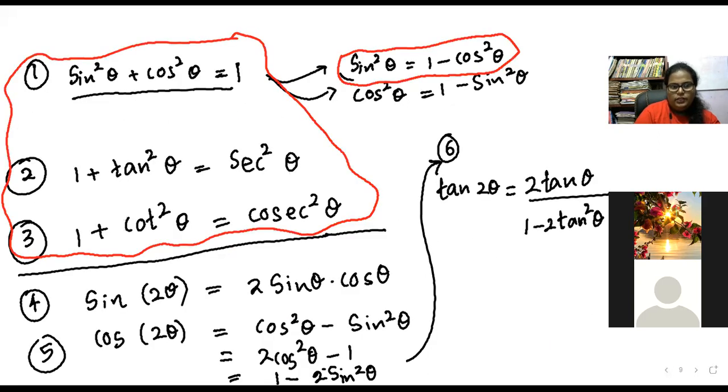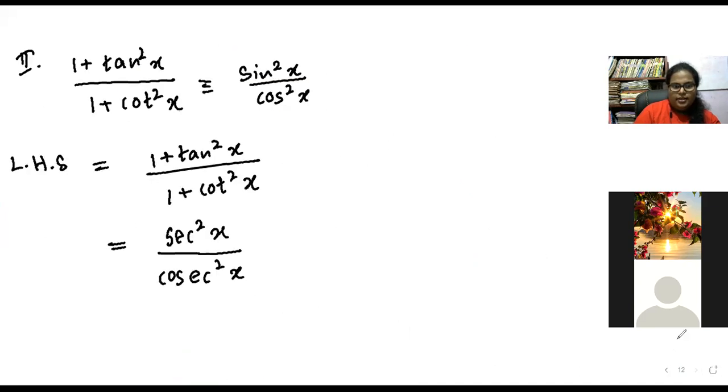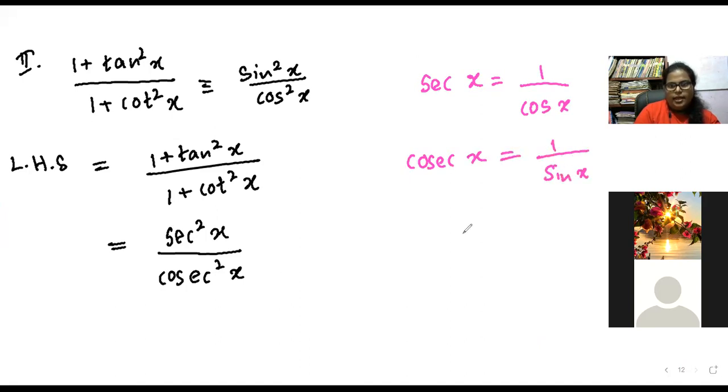This formula I'm using, the third one, 1 plus cot square theta, can be replaced by cosec square theta. Right, you know that these are reciprocal identities. That means you can remember sec x means 1 over cos x, cosec x means 1 over sine x, and cot x means 1 over tan x, right?